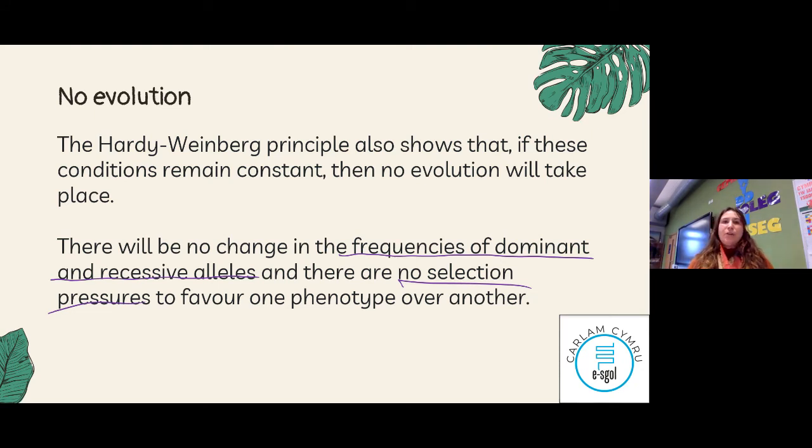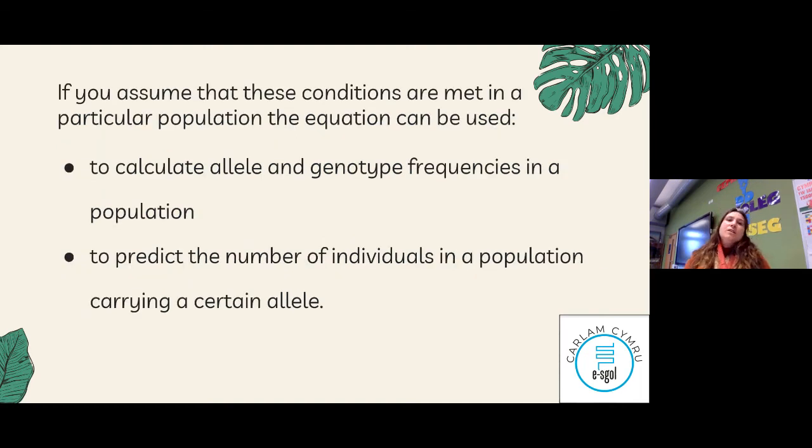There's nothing that's going on that would favor the color of a moth, for example. So if you assume that these conditions are met in a particular population, the equation can be used. So we use these equations to calculate the allele and genotype frequencies in a population and to predict the number of individuals in a population carrying that certain allele.